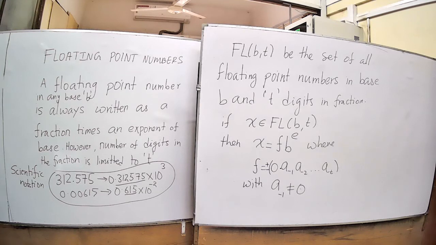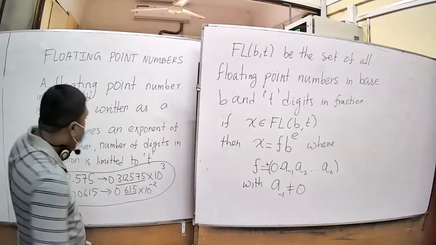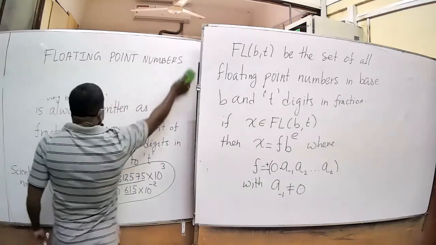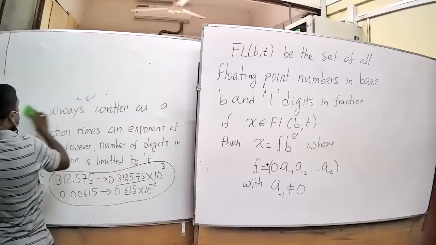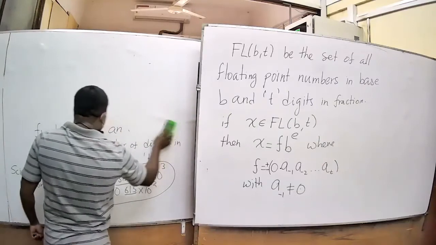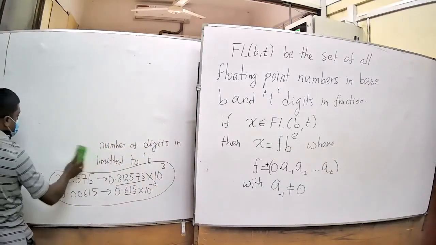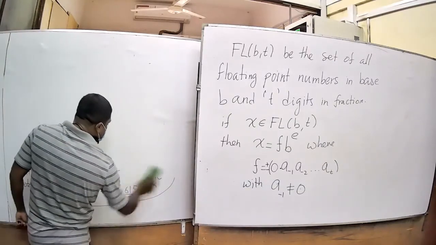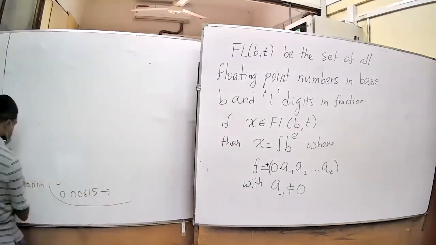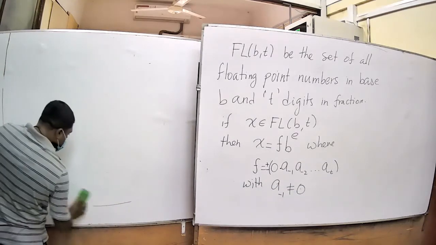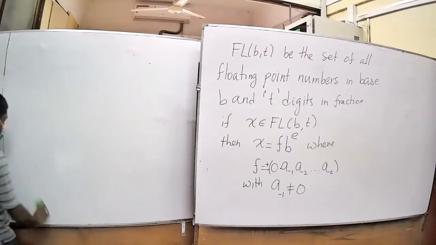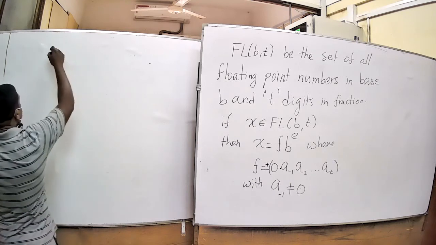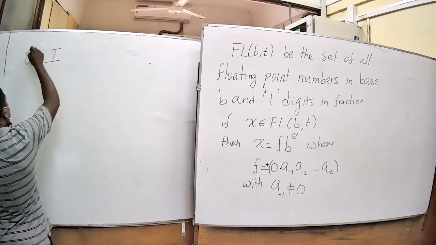So similarly, like what we did in fixed point integers, here also we can see the uniform spacing of floating point numbers. I will write this as an exercise.